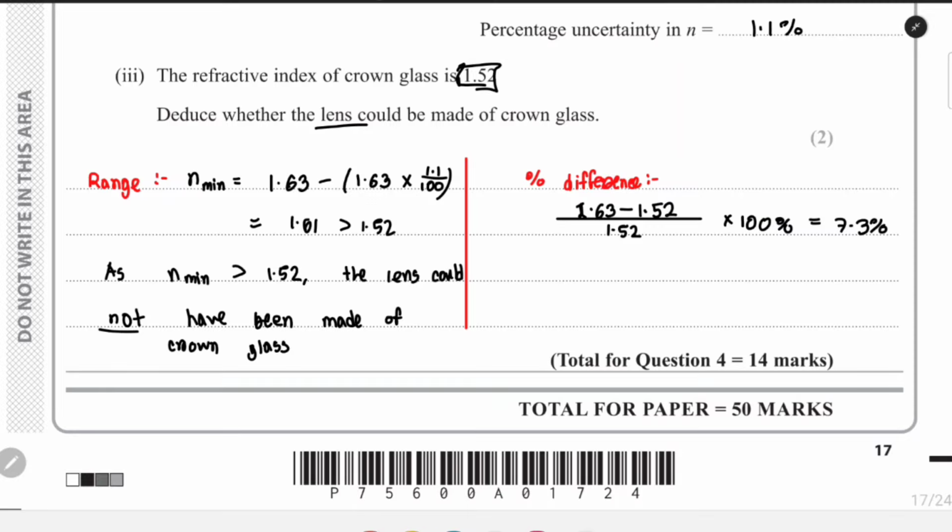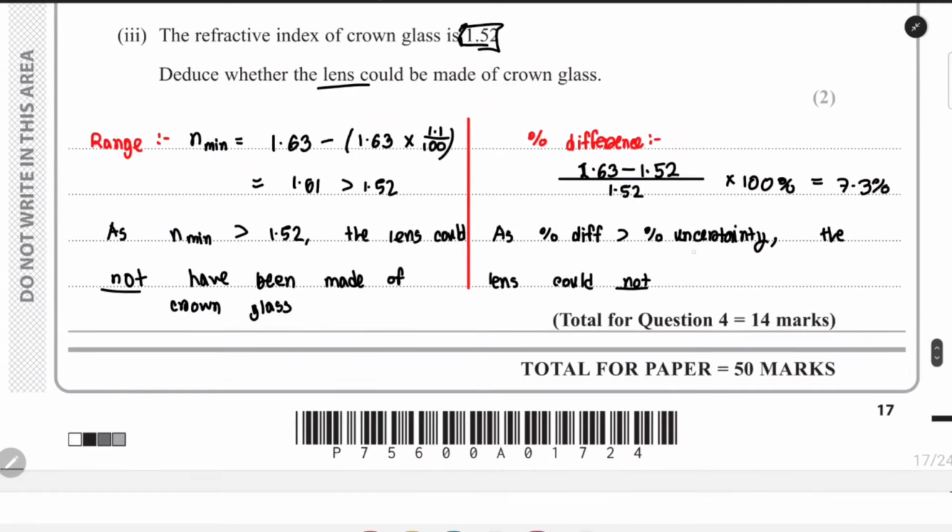Since the percentage difference is more than the uncertainty, this cannot be crown glass. And this is it for this paper.